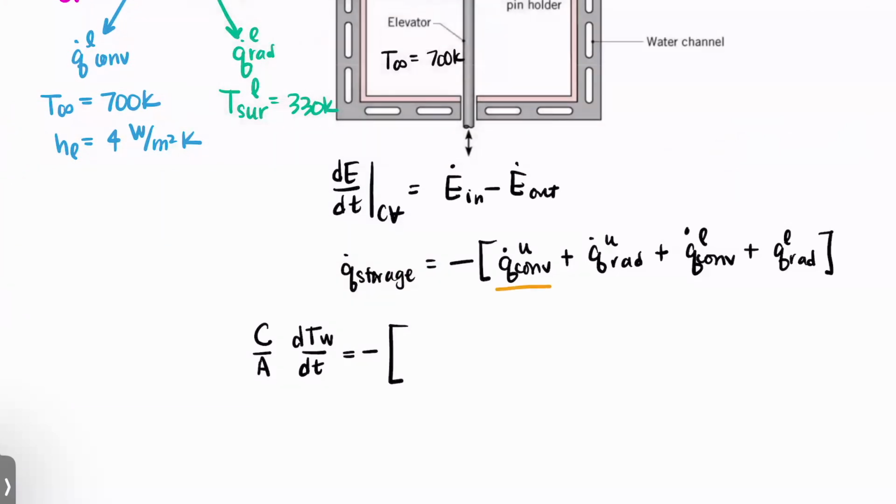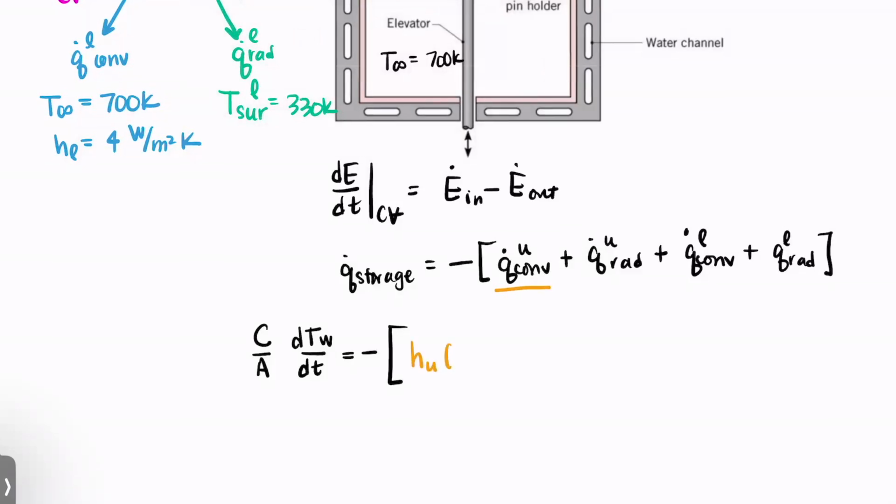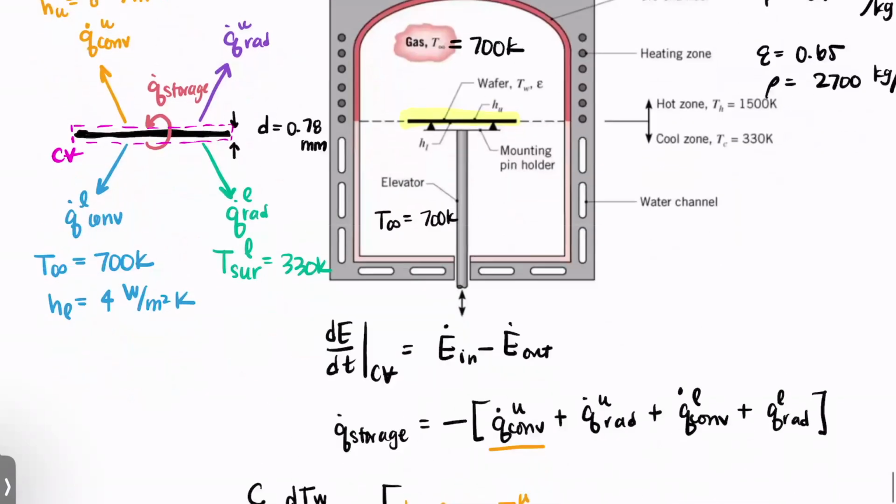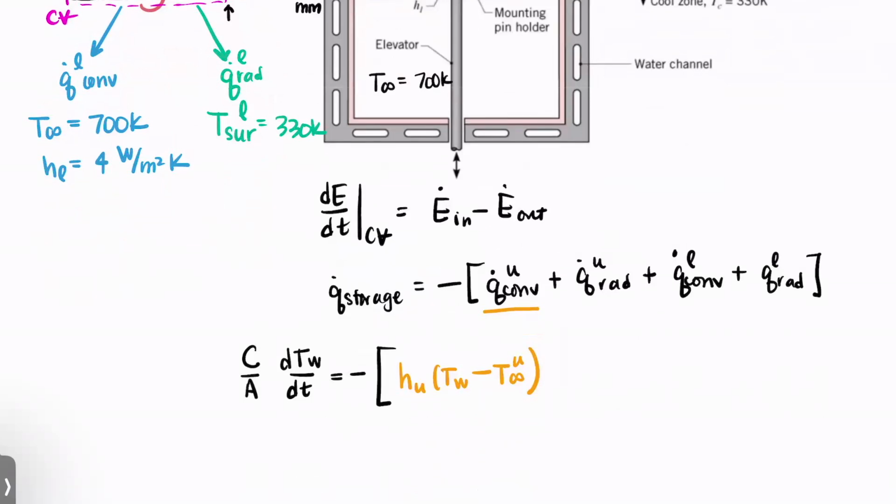So Q dot U convection is HU times TW minus T infinity upper, plus our radiation on the upper, so we have epsilon sigma T wafer to the 4th minus T of the surroundings on the upper side to the 4th.